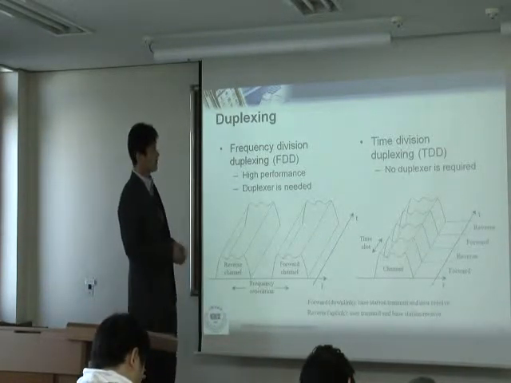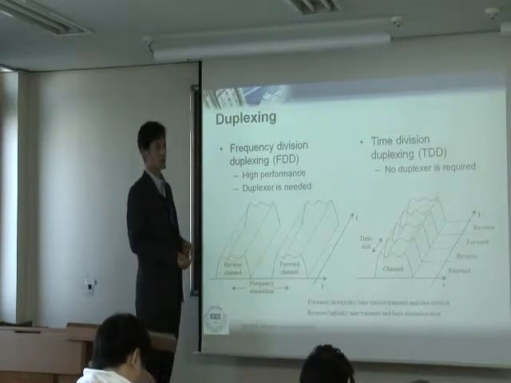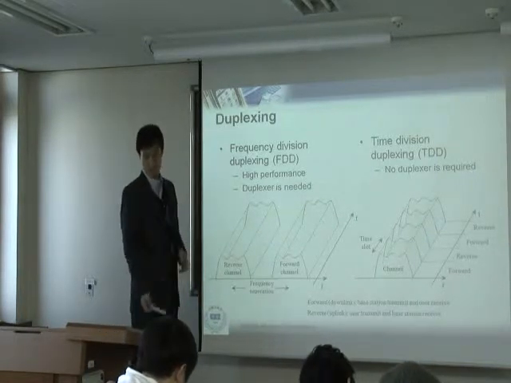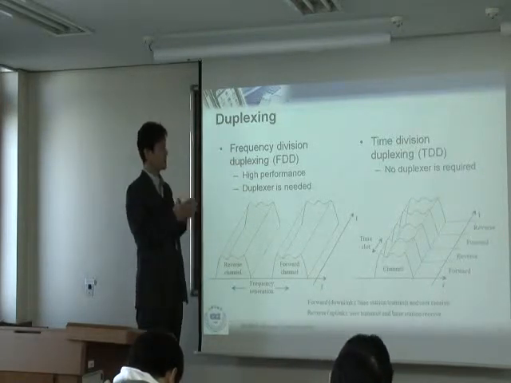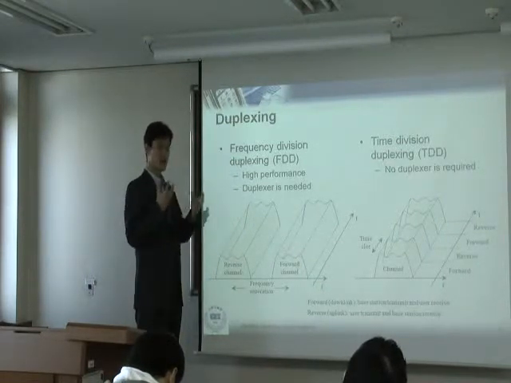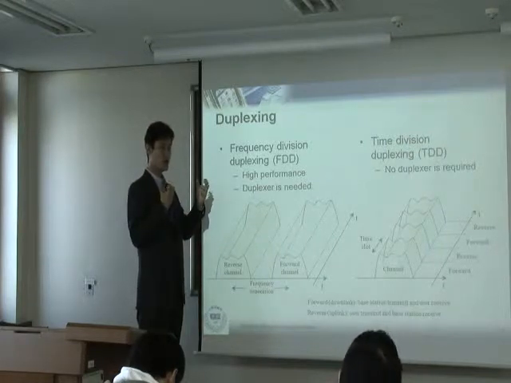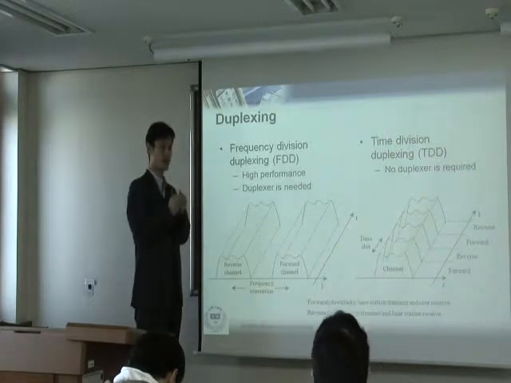Before talking about the actual multiple access, we want to talk about duplexing first. What is duplexing? Duplexing is like how to deliver the channel, how to get the channel. Okay?